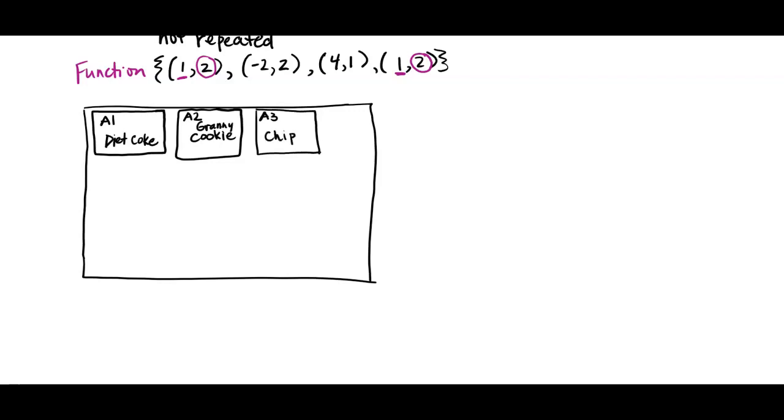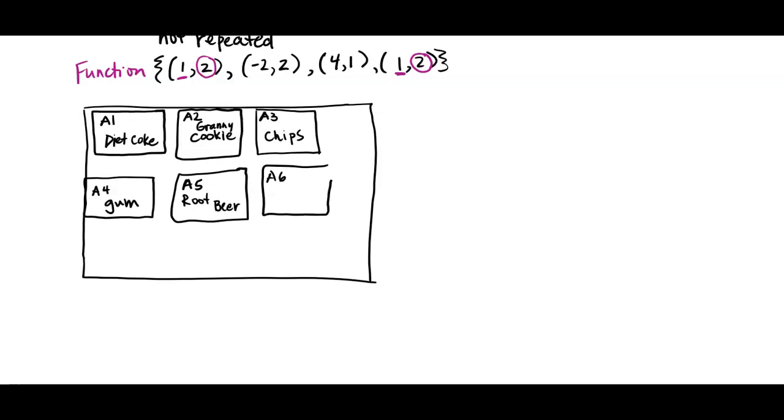Awesome. What else? Gum. Root beer. Okay, and give me one more. Water. Okay, awesome. So there's all these different things that you might find in a vending machine.